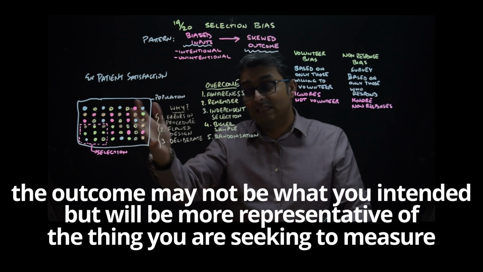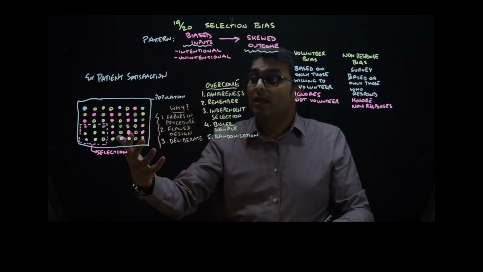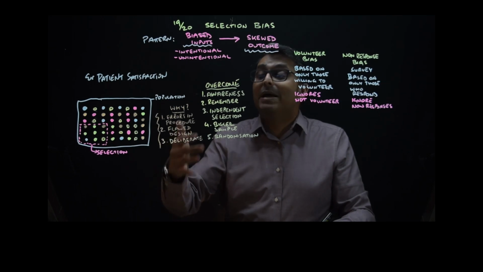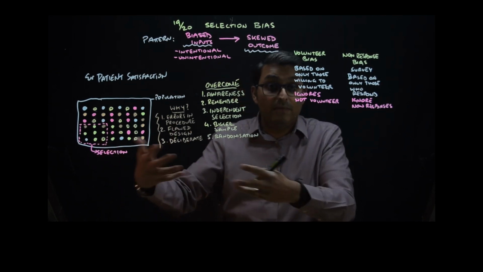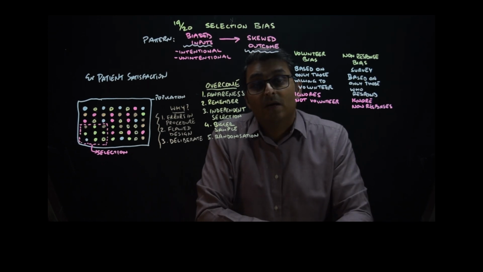So in this case, patient satisfaction. If we pick a better sample, then we will get a better outcome. And based on that, we can make a more accurate decision, which can lead to better outcomes. And that's selection bias in a nutshell.